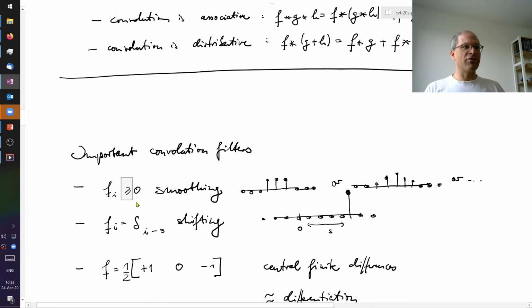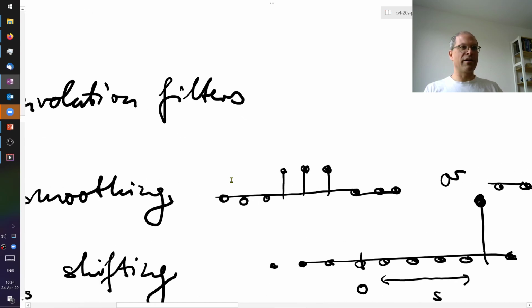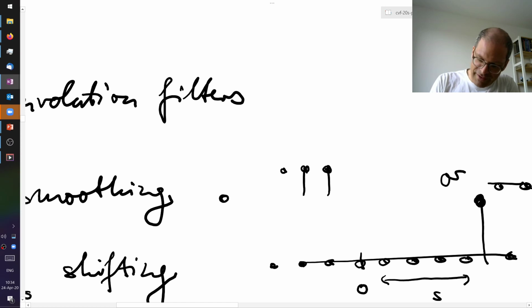All right. Now, what type of filters are important? If my filter only has coefficients larger than 0, then usually, well, I could construct more bizarre things, but usually these are smoothing filters. And you see two examples here. That would be the box kernel, or this would be the Epanechnikov kernel. And I've here drawn a kind of sketch which is typical for signal processing, except my drawing has not been so pretty.